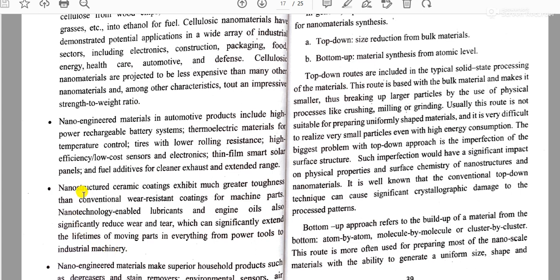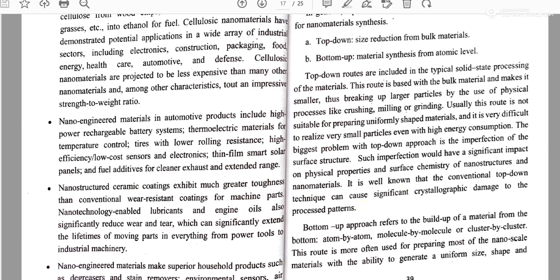So you know that nanotechnology enabled lubricants and engine oil means, for example, we can use nanofluids. Nanofluids are typically liquid materials in which nanoparticles are dispersed. So these nanofluids can be either used as a lubricant in these machine parts, or they can be used as coolants. So there are numerous applications of nanotechnology in various fields like this.